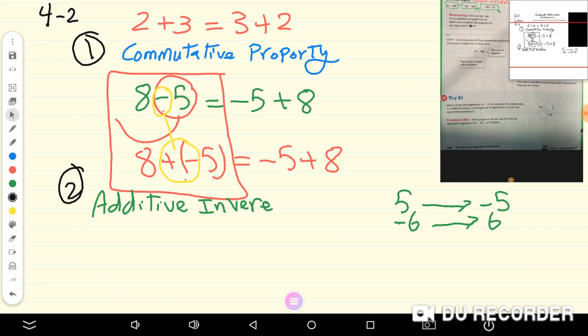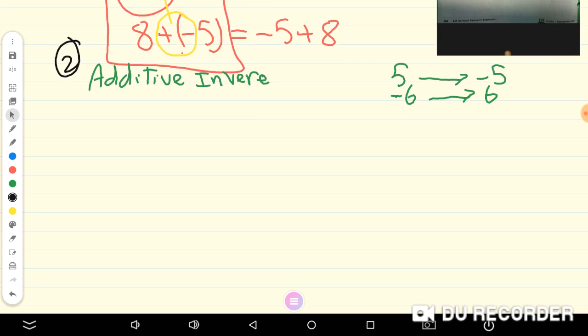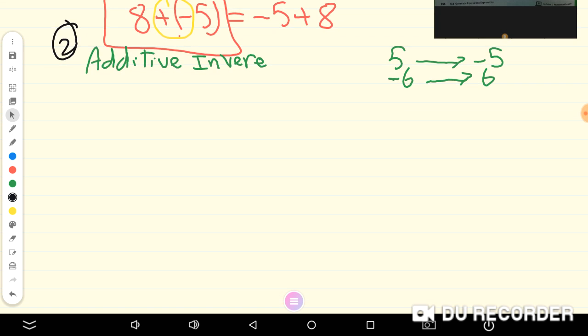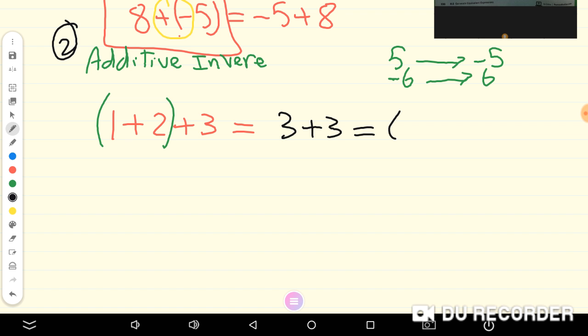If I have three algebraic terms like this example, 1 plus 2 plus 3, someone can say, yes, I can start by adding the first two numbers, and then the result will be added to the third. If I start from the first two numbers, 1 plus 2 is 3, 3 plus 3 will be equal to 6.